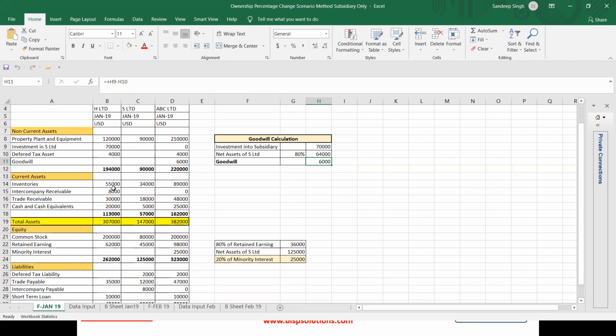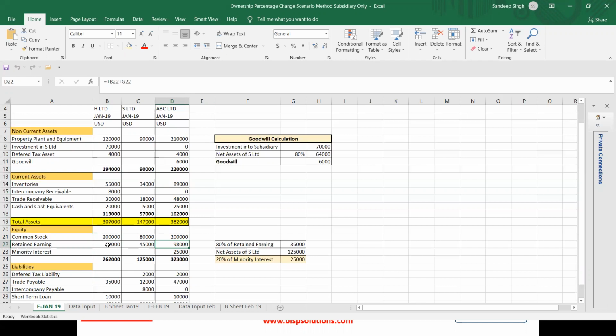Similarly, you can see the intercompany receivable amounts, because the intercompany transaction that took place between the parent and the subsidiary gets eliminated at the consolidated level. Similarly, for liability, the common stock of the parent entity and the retained earnings current number is 98,000.